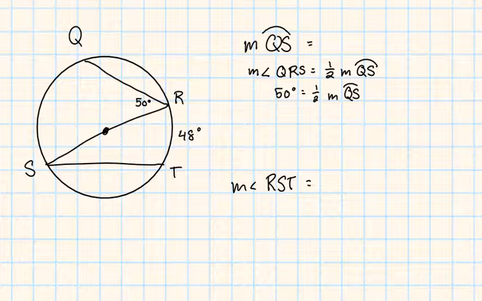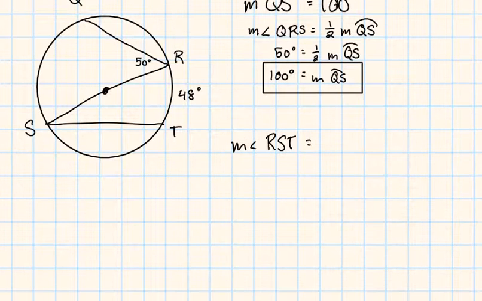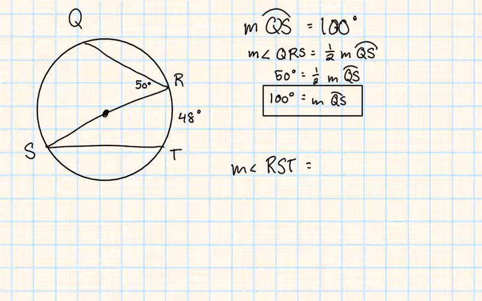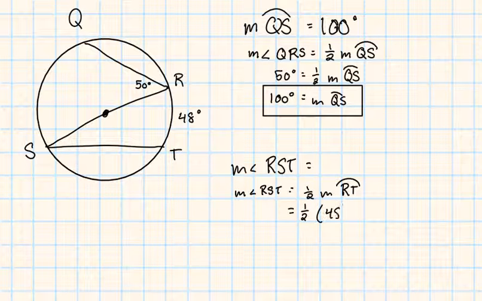Multiply each side by 2, and the measure of arc QS equals 100 degrees, and that is what we are looking for, so 100 degrees. And then if we were to find the measure of angle RST, writing our full equation out, measure of angle RST equals 1/2 the measure of arc RT, filling in our values, that equals 1/2 times 48, which is equal to 24 degrees.